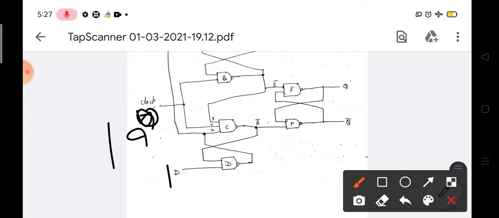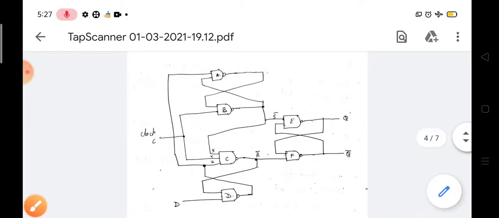Now, depending on what I explained, what we understand here is that the D input appears at the output at the positive edge of the clock. Wherever we give the positive edge of the clock, at this point the D input appears at the output, and all the changes between positive edges are ignored.